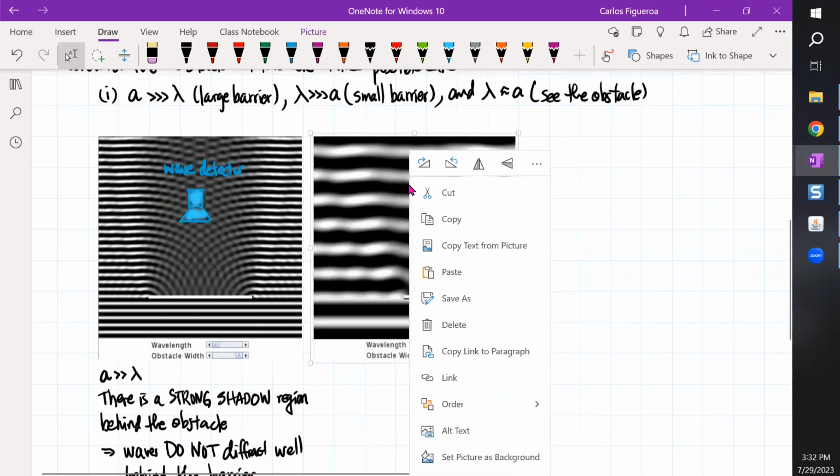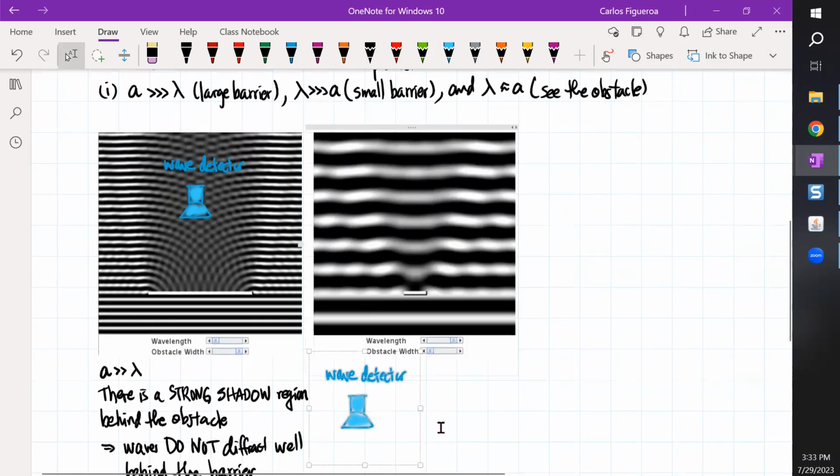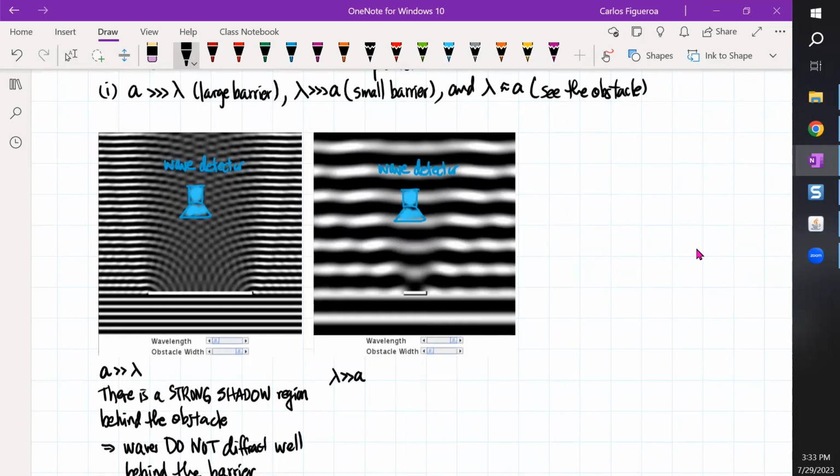So now if I paste in my wave detector again, what I'm seeing here is that in this situation, the wavelength is much, much bigger than the obstacle. So there is very little change in the wave pattern.